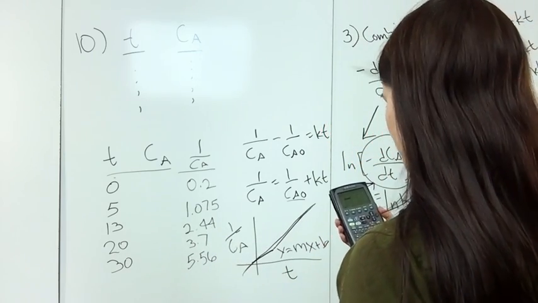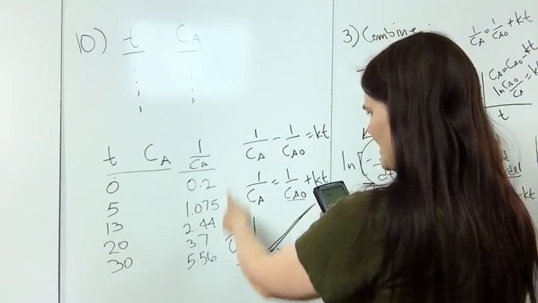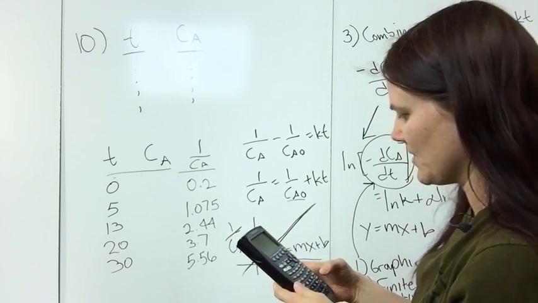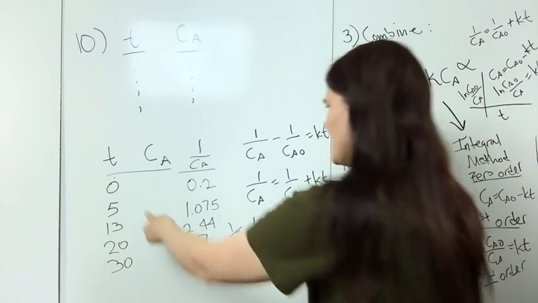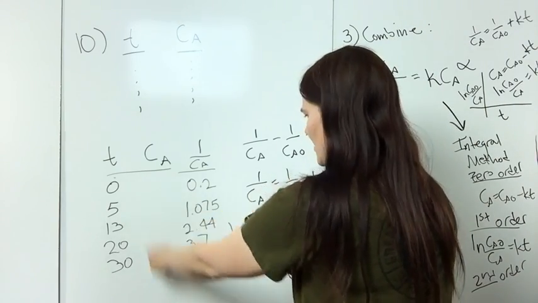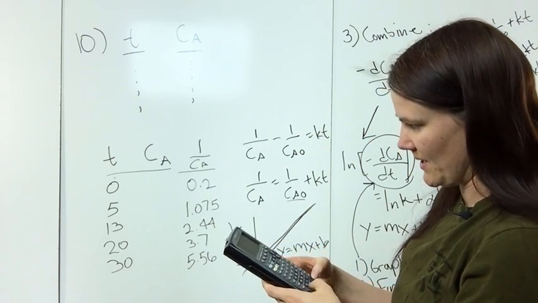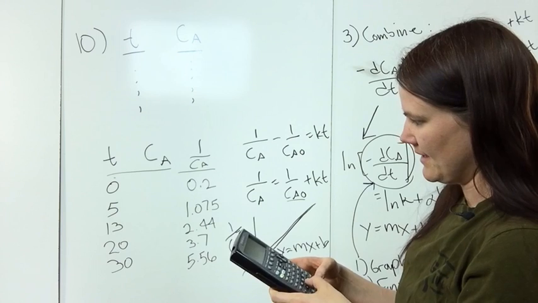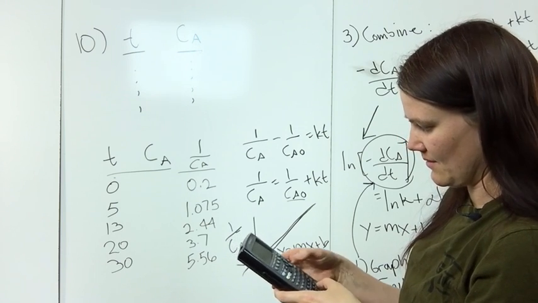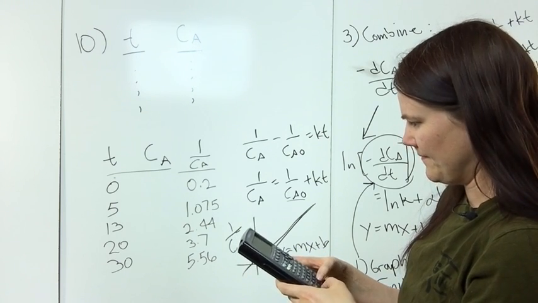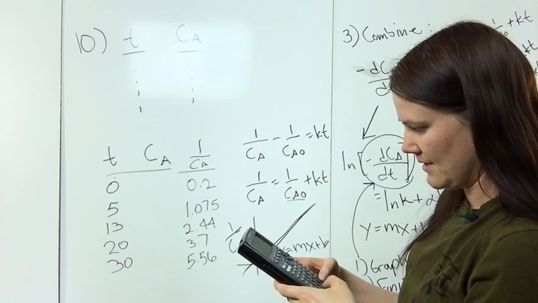Then I'm putting 1 over CA on the first row, actually no, I'm going to put t on the first row, because you have C1, C2, and C3. So I'm going to put in t: 0, 5, 13, 20, and 30.